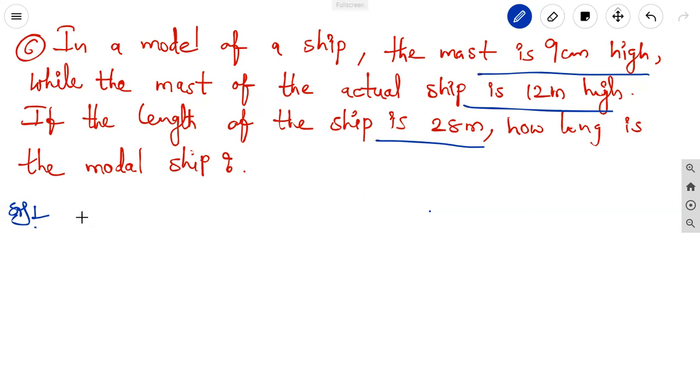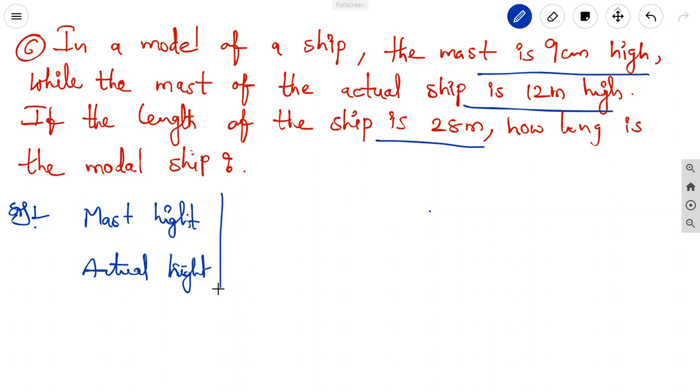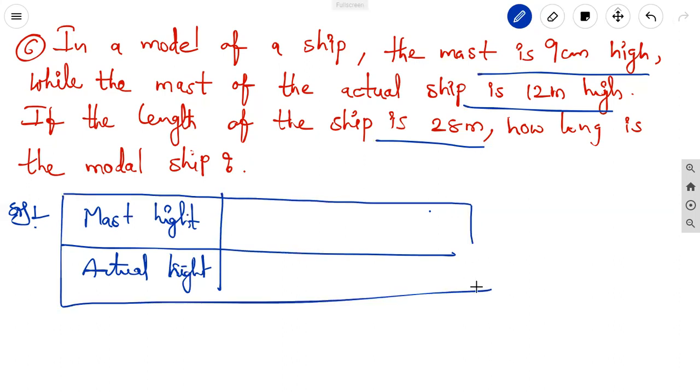Okay. Here, from the given data, the mast height and the actual height of the ship, both are in the relation of the ships only. Here, the mast is 9 centimeter high, the actual ship height is 12 meter.